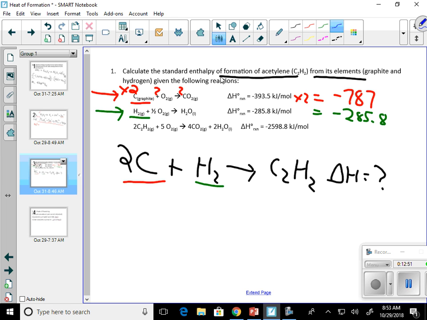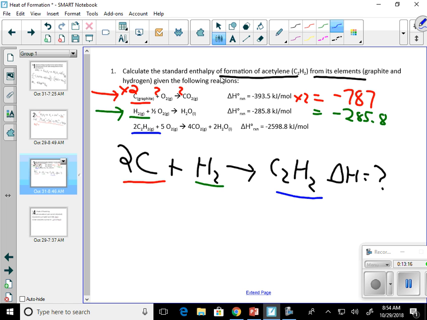Third equation. Here is my acetylene, my C2H2. My C2H2 is on the product side of the reaction I want, however. What should I do to that delta H value?